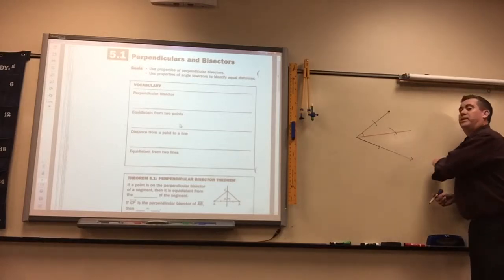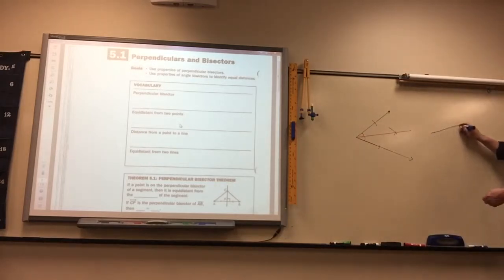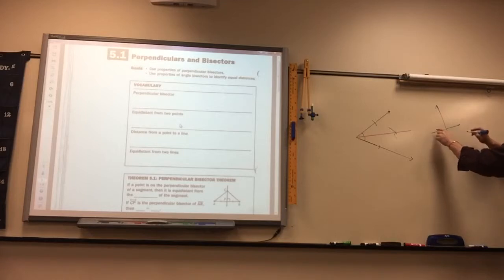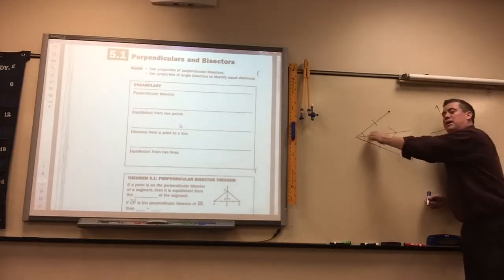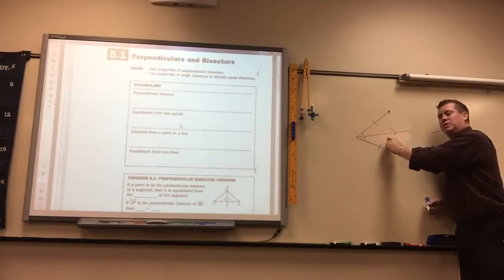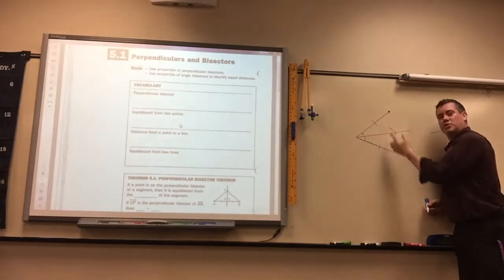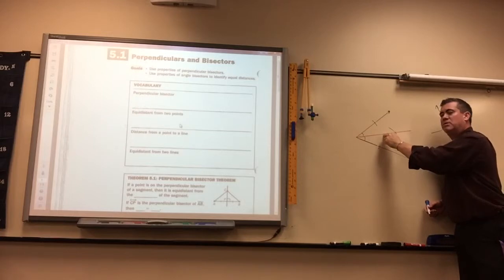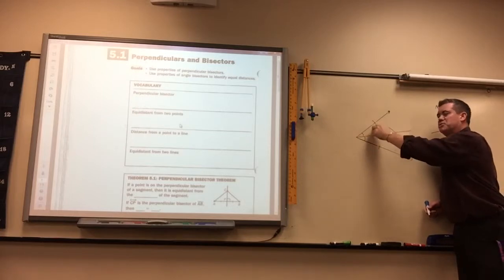Now, when we did the perpendicular bisector, any point on this line is equidistant from each endpoint. Any point on this line is going to be equidistant from each side. So that's the difference between the two. The angle bisector gives you the points that are the same distance from the sides.